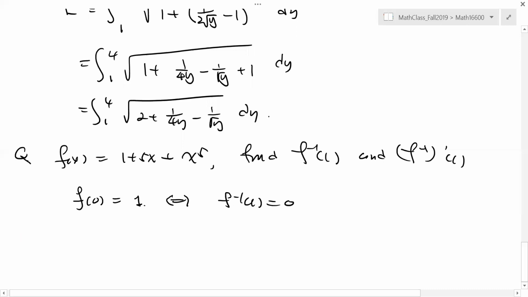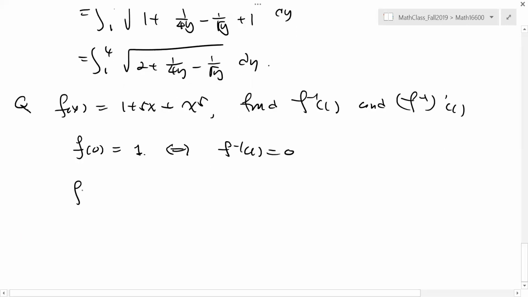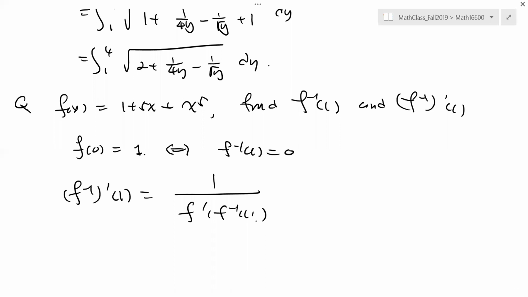Second, what you have to do is write down the formula for this. Don't forget to write it, even if you know how to do it and you know the formula in your mind, you have to write down the formula first. Whatever formula you're using, write it down first. Okay?